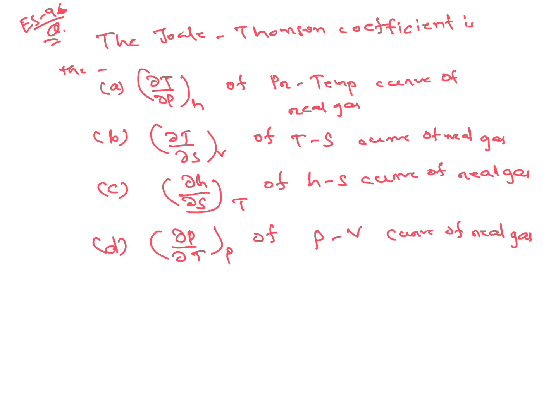It's dT by dP at constant enthalpy of a real gas. A is the answer.